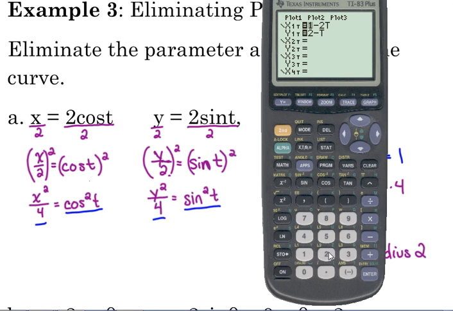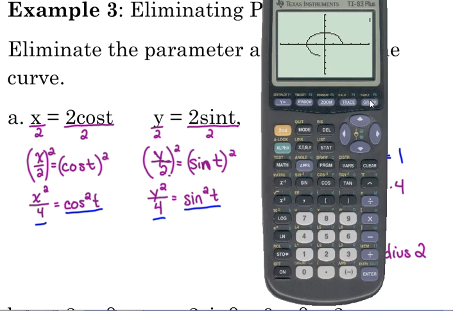If your calculator's in parametric form, put in 2 cosine of t, 2 sine of t, and go to your window. Our t's between 0 and 2 pi. And let's go negative 5 pi. That would be big enough.